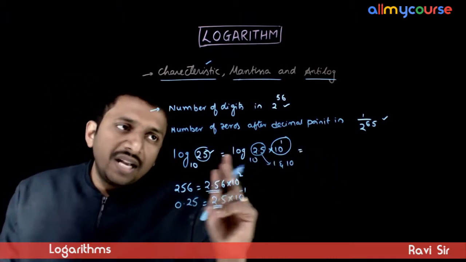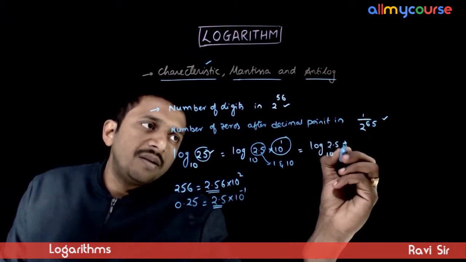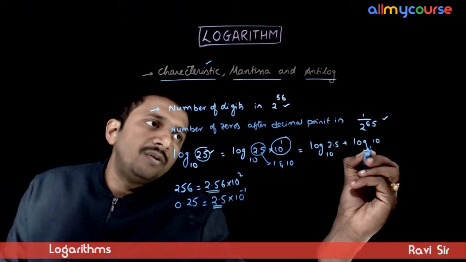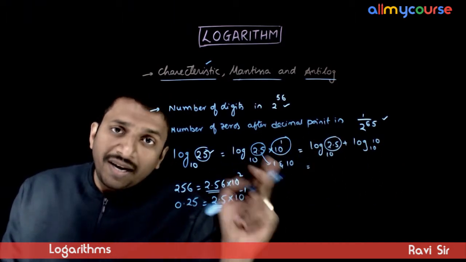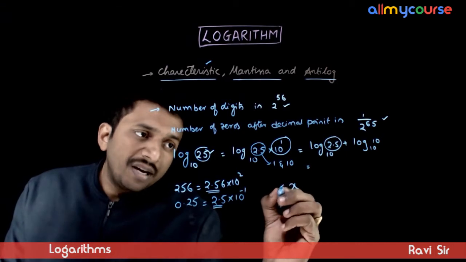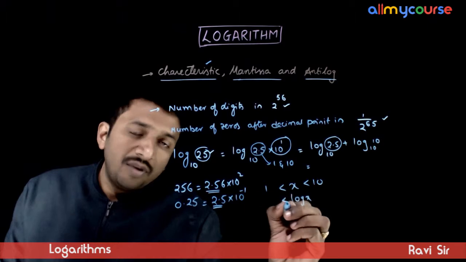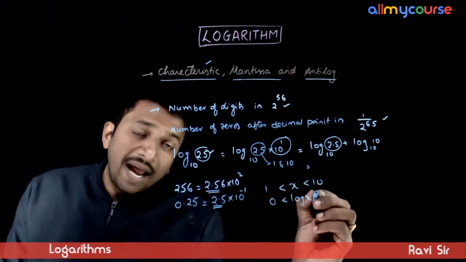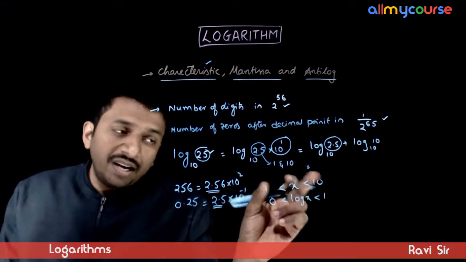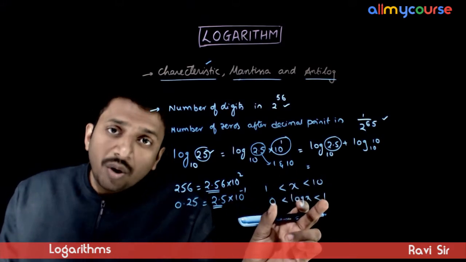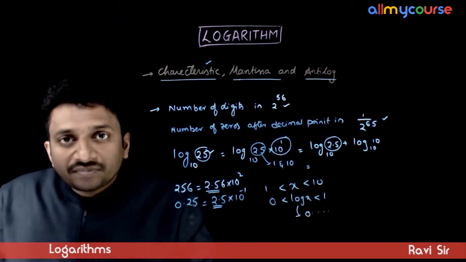And what I do now is separate it using the properties of logarithms: log 2.5 to the base 10 plus log 10 to the base 10. If some number is between 1 and 10, log of that number will be between log 1, which is 0, and log 10, which is 1. That means if x is between 1 and 10, log x is between 0 and 1. That is, this has to be of the form 0 point something.